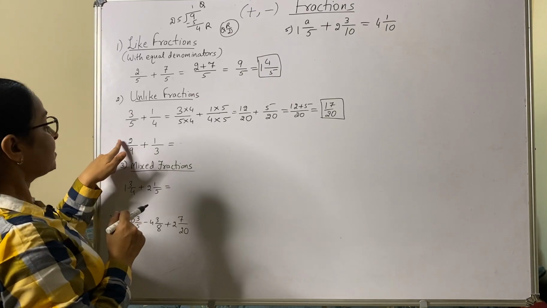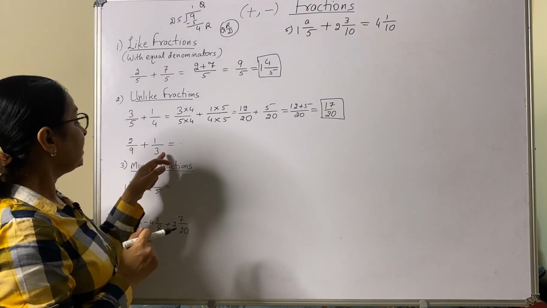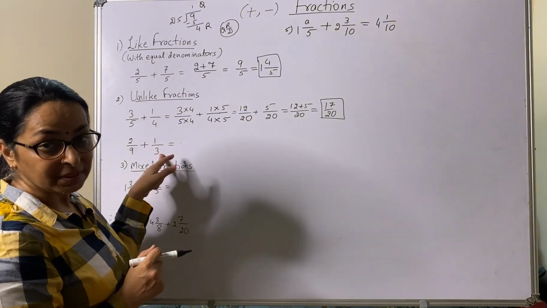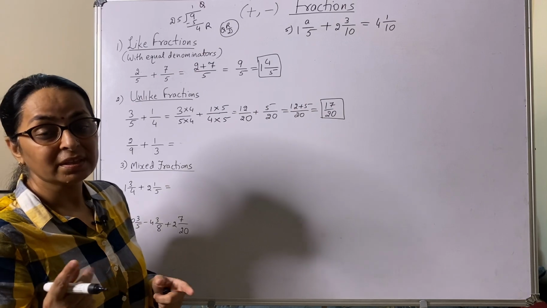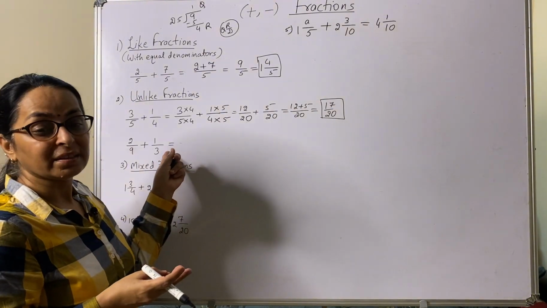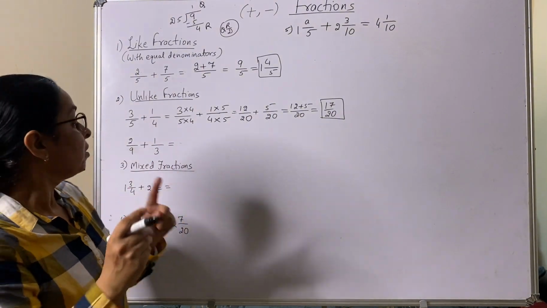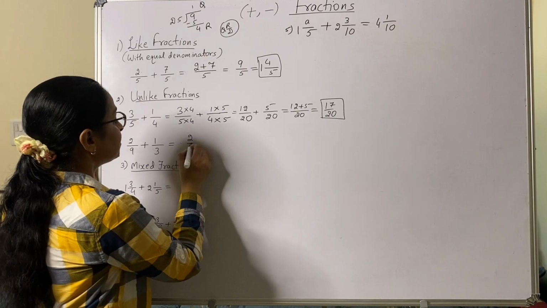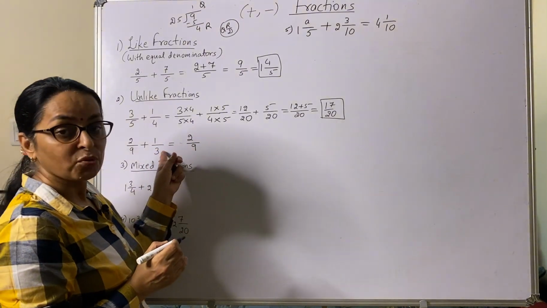See, in this case, this is 2 over 9 plus 1 by 3. Now 3 and 9, obviously 3 is a prime number, but still I can see that 9 goes in table of 3. Yeah, 3 1s 3, 3 2s 6, and 3 3s are 9. So no need to multiply both the fractions. What we can do is, we can simply write 2 over 9 and make this fraction 1 over 3.